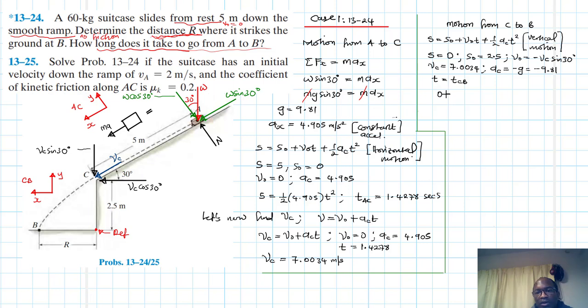So let's plug in everything. We'll have 0 equal to, and we'll start with this part because it's a quadratic, 4.905 T squared.